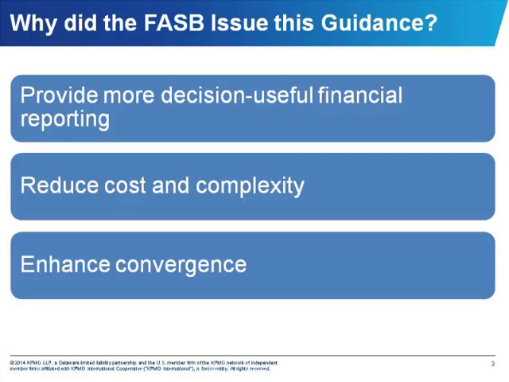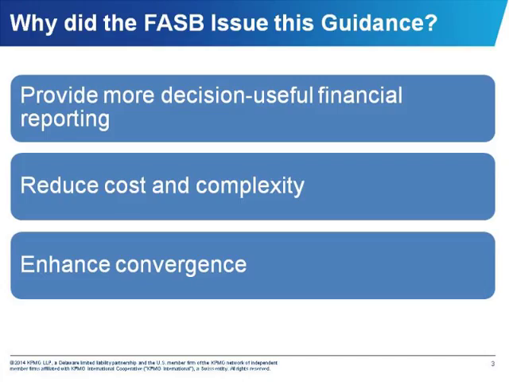Some stakeholders expressed concern that too many disposals, including small groups of assets that were recurring in nature, qualified for discontinued operations. That resulted in less decision-useful information. Additionally, some of the guidance resulted in higher cost for preparers because it could be complex and difficult to apply. By revising this criteria, the FASB believes these concerns were addressed.